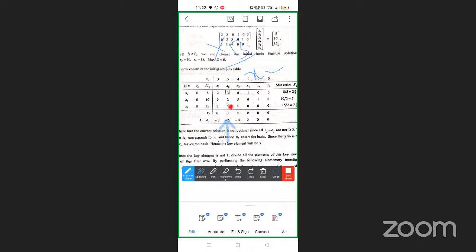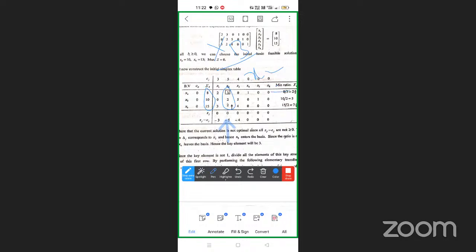So xB by x2: 8 by 3, 10 by 2, 15 by 2. The minimum ratio among these three values is 8 by 3.